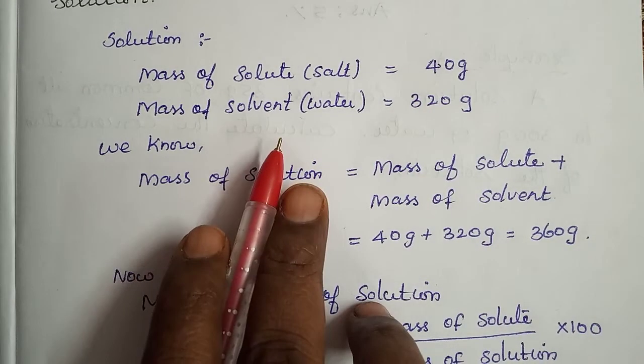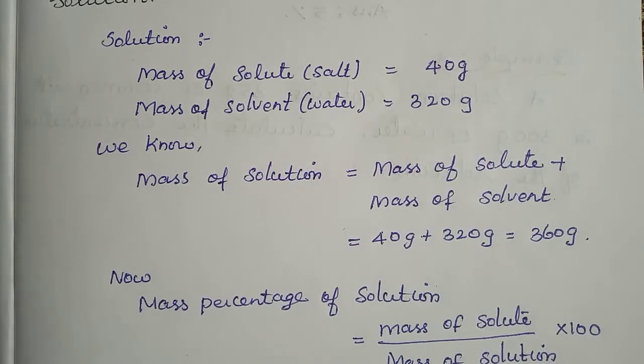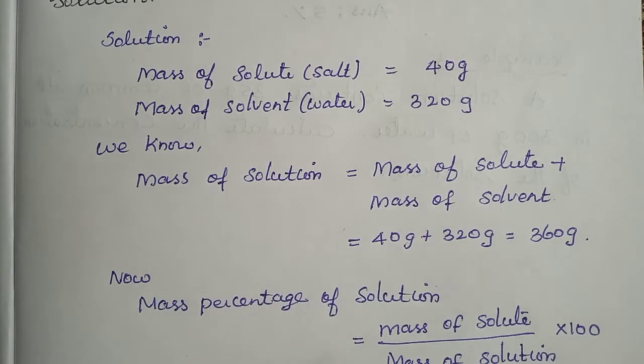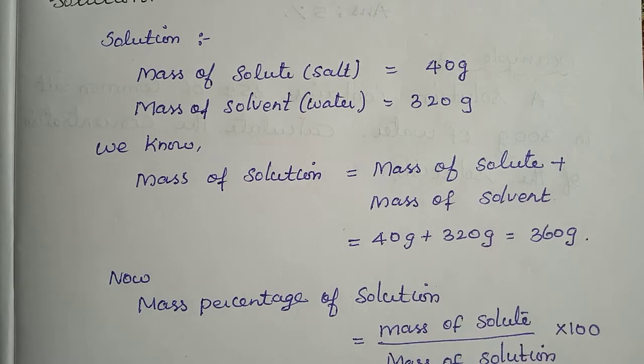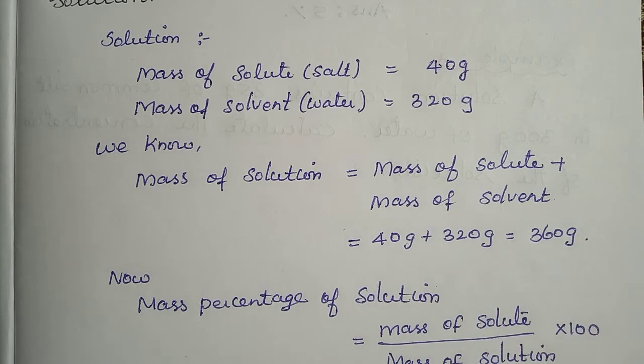Mass of solvent, water, is equal to 320 gram. We know mass of solution is equal to mass of solute plus mass of solvent, 40 gram plus 320 gram is equal to 360 gram.